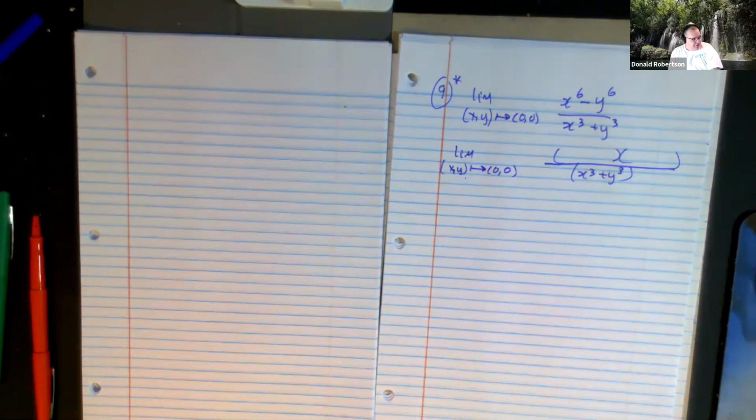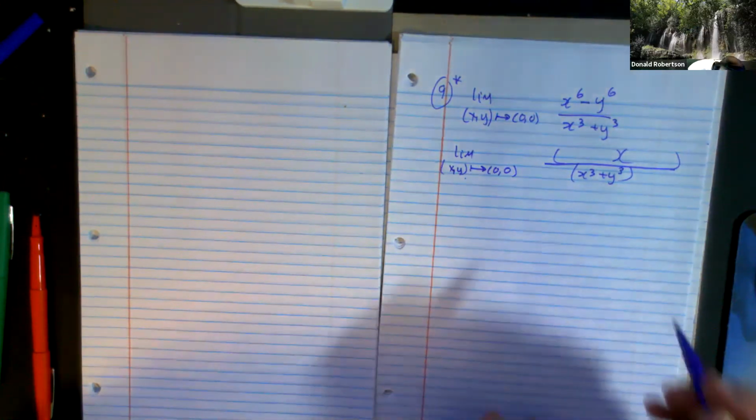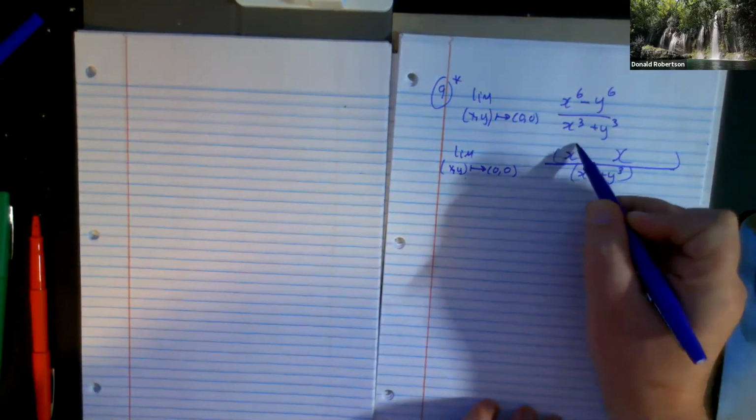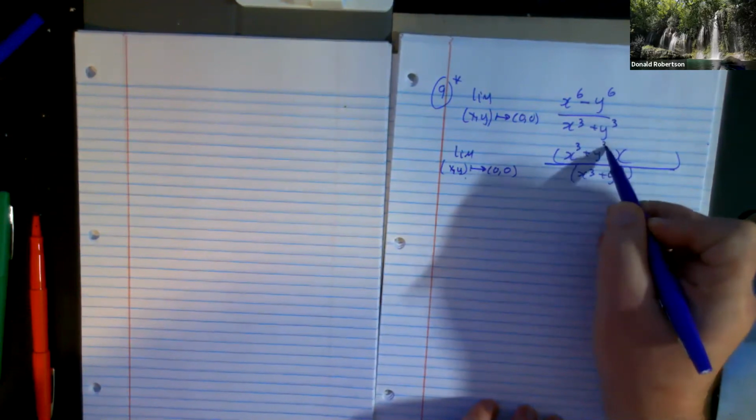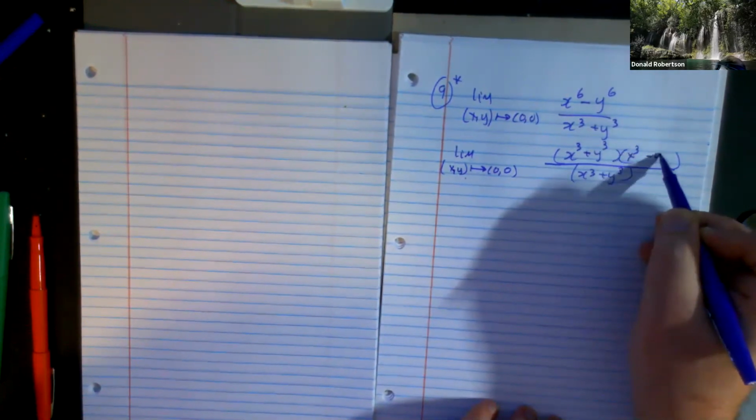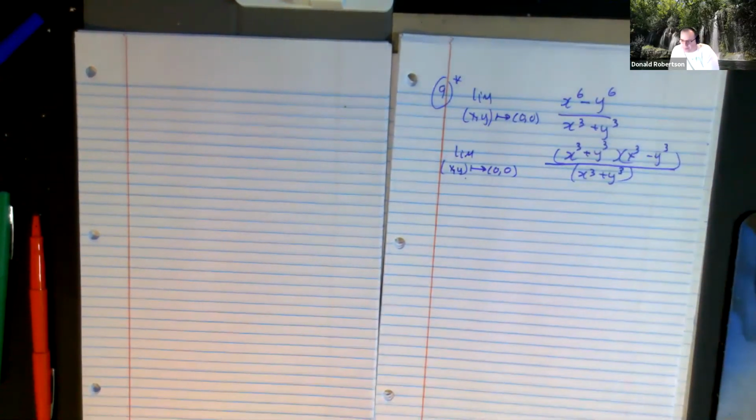X to the 6 take away y to the 6 factors as a difference of two squares, just like x squared minus y squared does. It's just that the things inside are a little bit different. Are you comfortable with that being the factor of the top?